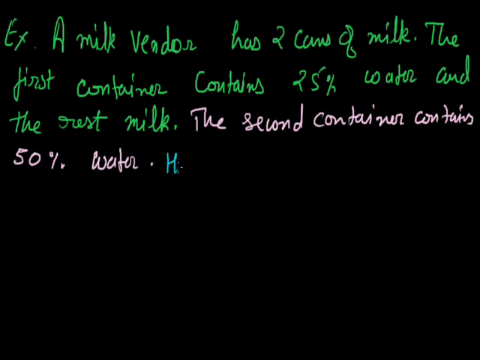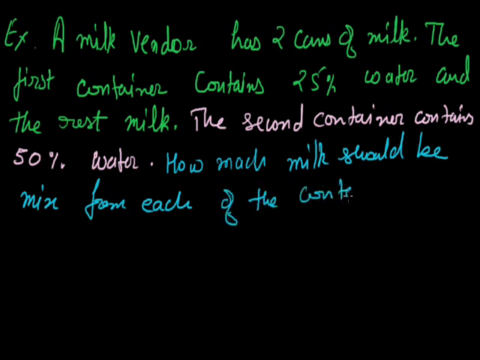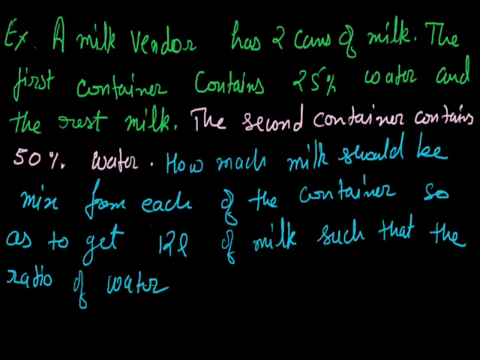Now it is asked how much milk should be mixed from each of the containers so as to get 12 liters of milk, such that the ratio of water to milk is 3:5. Now first let us understand the question.